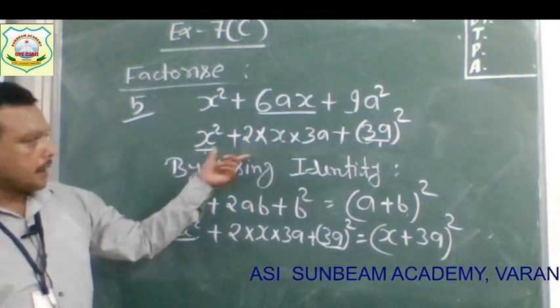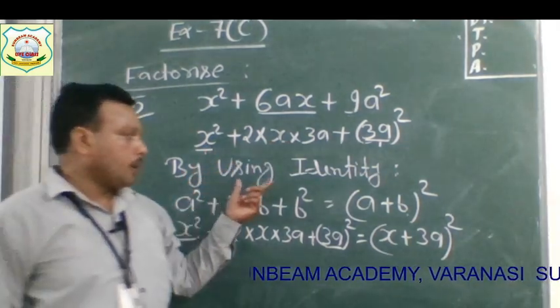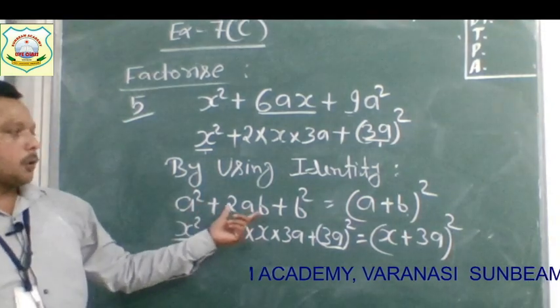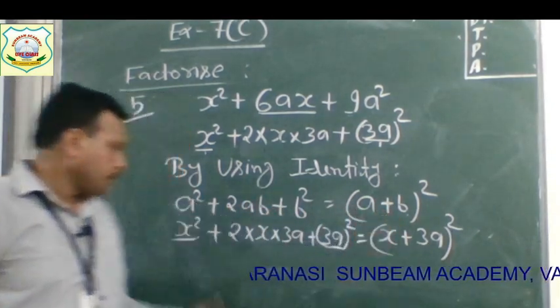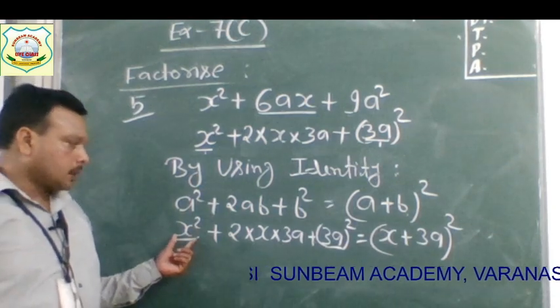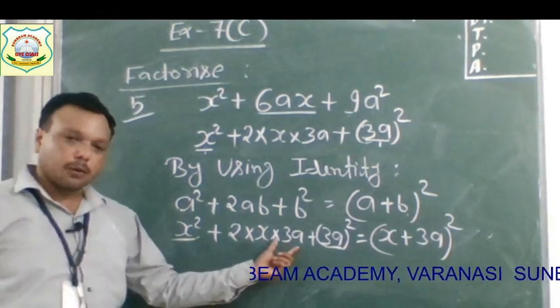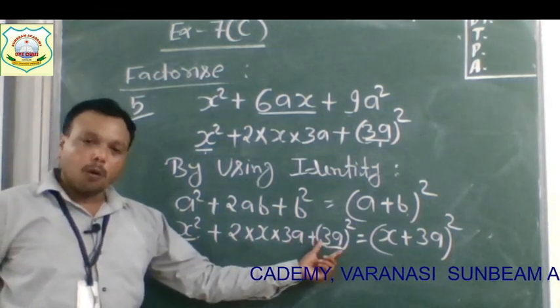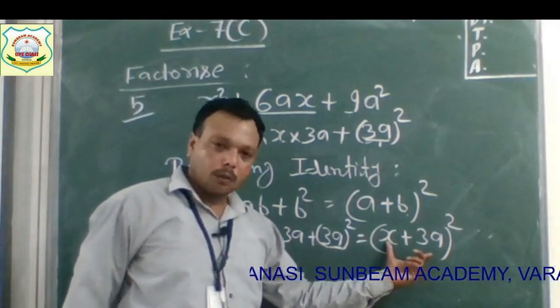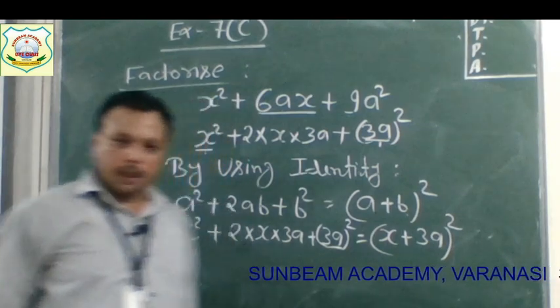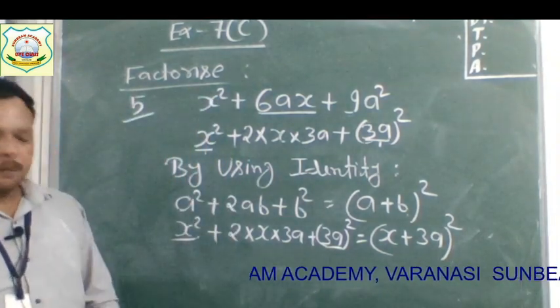Now we identify which identity we are using: a square plus 2ab plus b square is a plus b whole square. So a square, that is x square, plus 2 multiply x into 3a plus 3a whole square. What should come here? x plus 3a whole square, this value will come. Okay, clear students? Now, note it down everyone.